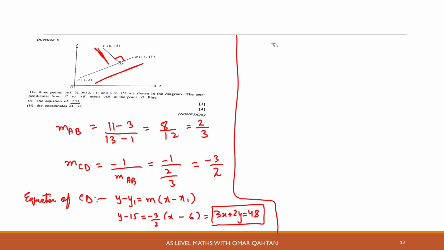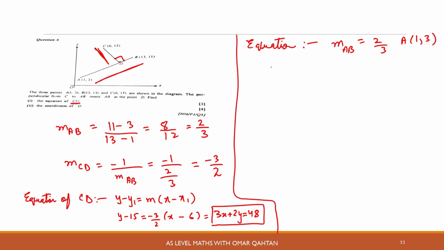To find the equation of AB, we need the gradient first. Gradient of AB, we have already found, that is 2 upon 3. And any one coordinate, it's up to you. I would take this of A, which is 1 comma 3.